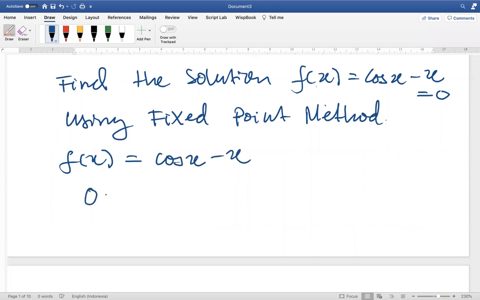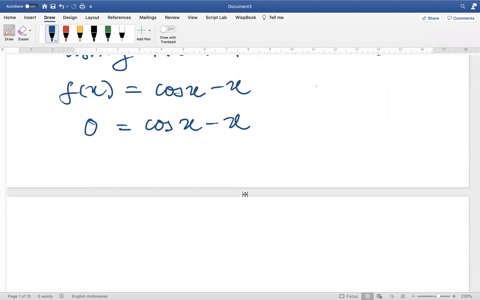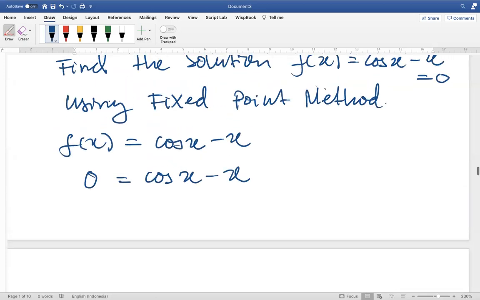If we put f(x) equals 0, then we have the following problem. Now, what is g in here? If you move x to the other side, we have x become cos x. So finding the value of x that satisfies cos x minus x equals 0 is the same as using the following: x equal cos x.